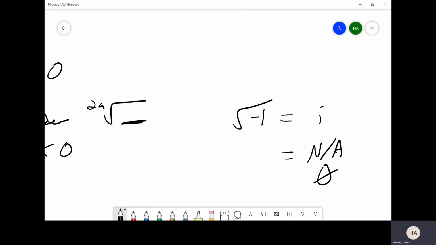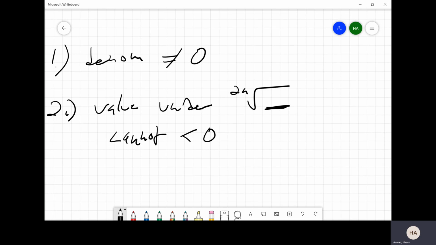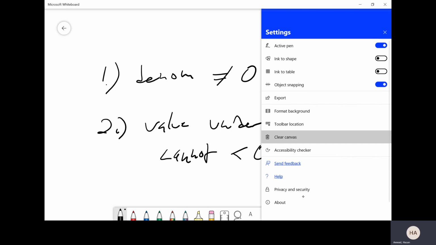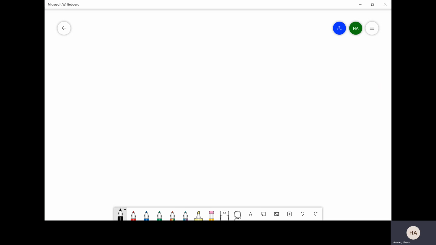So, no solutions, right? Okay, so those are the two constraints that we have for domain for equations. And as it turns out, these are the same constraints that we have for domain of a function. So let's look at an example for finding the domain of a function, but realistically, it's going to be the exact same thing as what you were doing before with domain of equations.